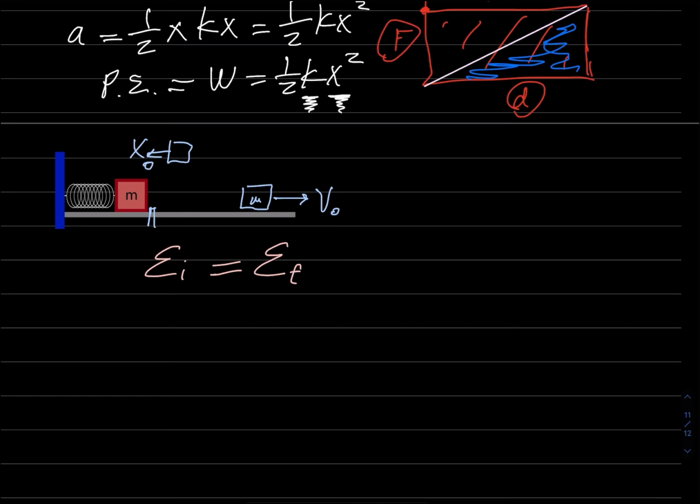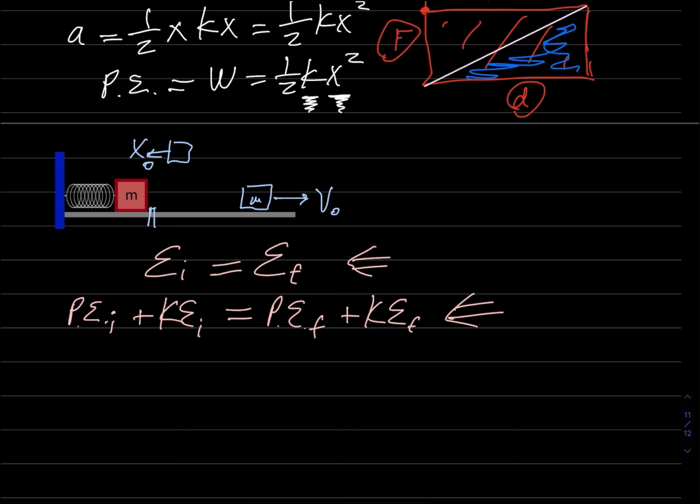So we always write this equation. And then we always write the next equation. The potential energy initial plus the kinetic energy initial equals the potential energy final plus the kinetic energy final. Writing these two will keep you out of trouble in a lot of problems.